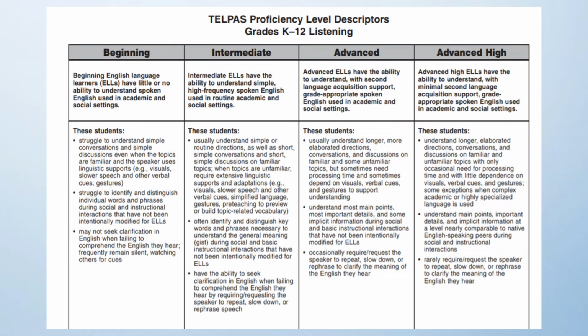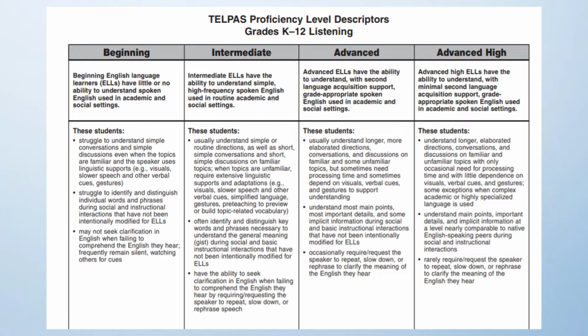Here's an example of the PLDs for listening. You will see that each one of them has a description of what the students can and cannot do with the English language. For example, a student in K through 12 within the listening portion can usually understand simple or routine directions as well as short, simple conversations and short, simple discussions on familiar topics.